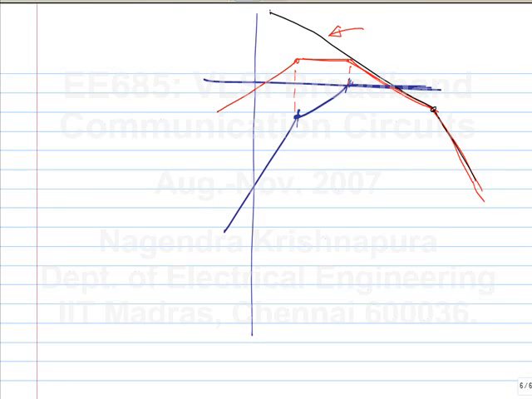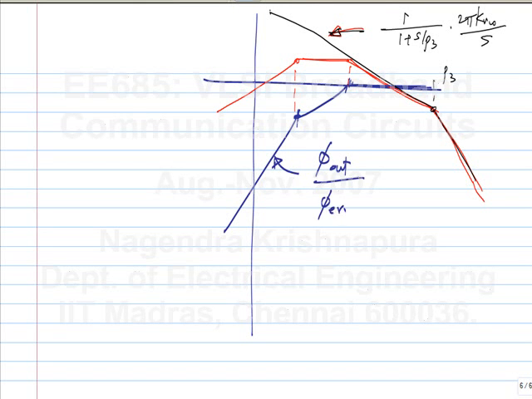So this part is 1 over S by P3, 2 pi kVCO by S. This is P3, and this is phi out by the error from the VCO.